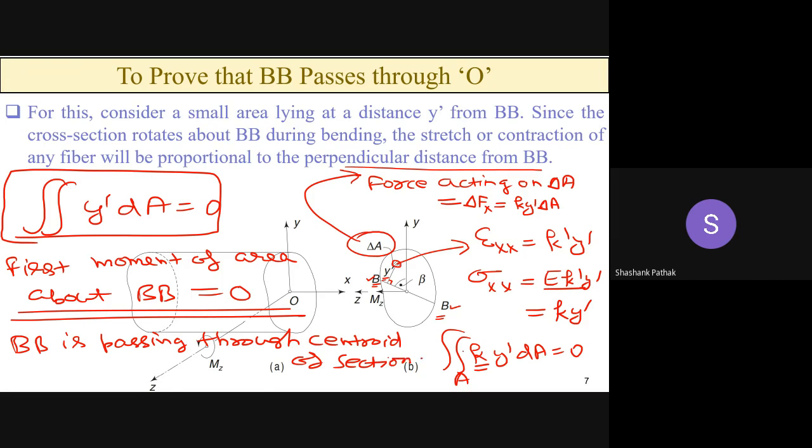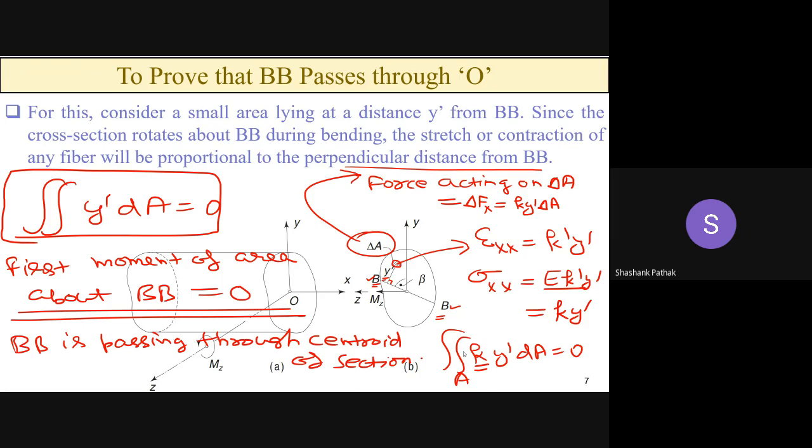So BB is a centroidal axis. So this thing we have basically proved mathematically, that bending will happen about this BB axis, and BB is the neutral axis. Now second important thing.